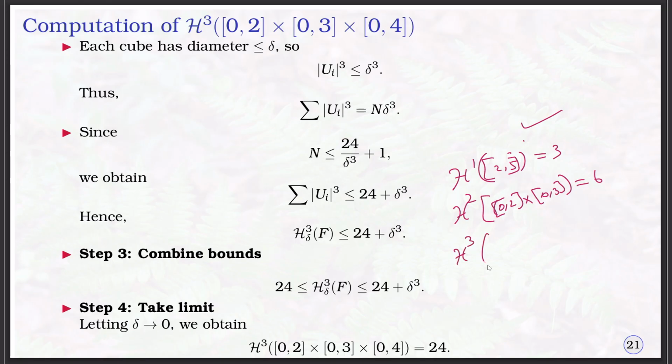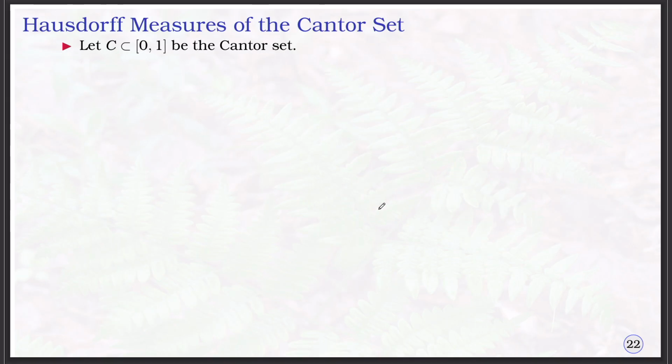If we apply H3 to the set 0 comma 2 cross 0 comma 3 cross 0 comma 4, we got 24, the volume. So the one dimensional Hausdorff measure gives the length of the set, the two dimensional Hausdorff measure gives the area of the set, and the three dimensional Hausdorff measure gives the volume of the given set.